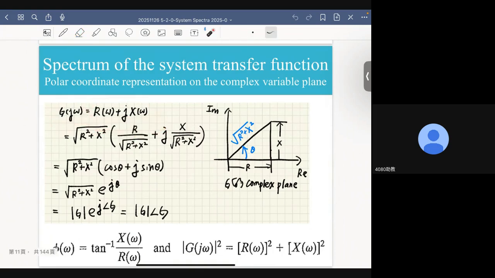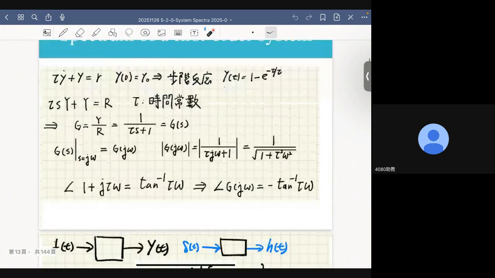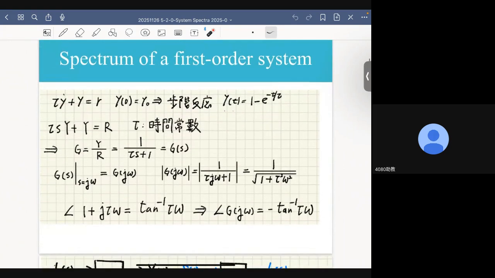Why is that the case? Let's look at a simple example. This is a first order system with a zero initial condition, y(0) equal to 0. Its state response is this. We showed this result before.